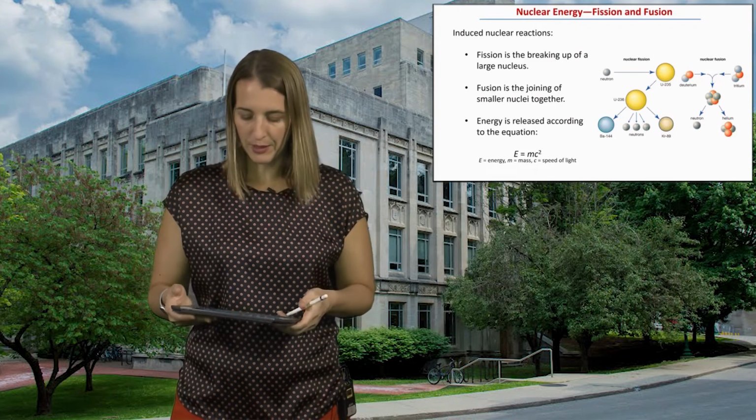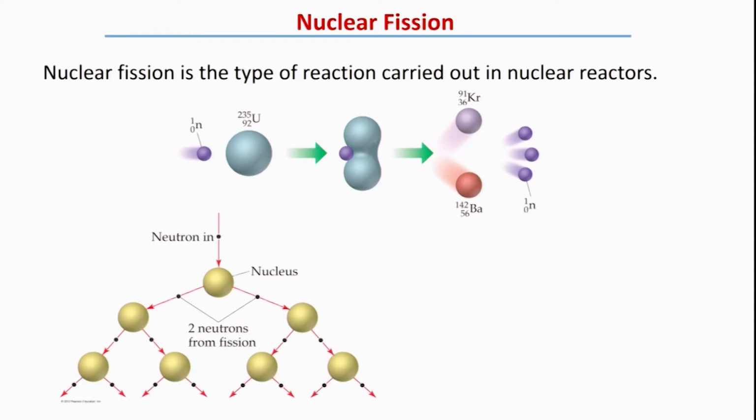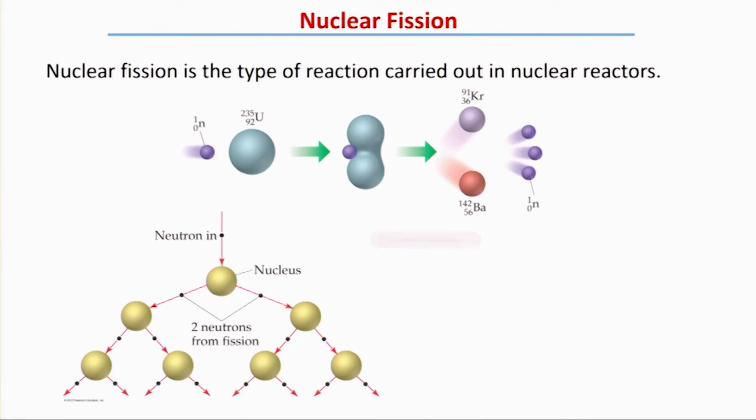So let's look at them a little more closely, starting with fission. Nuclear fission is the type of reaction that's carried out in nuclear reactors to generate nuclear energy. You can see coming in, you have a neutron that has to start this off, and it bombards a very large uranium nucleus.